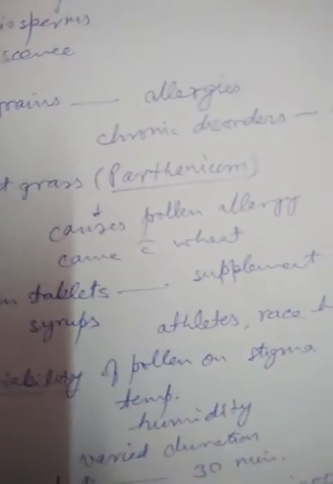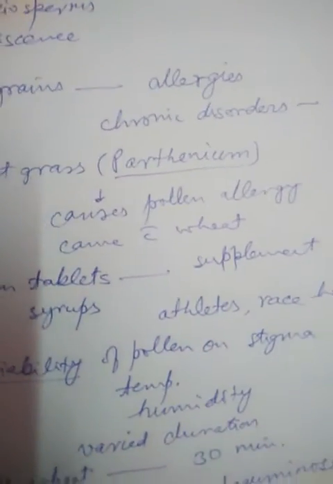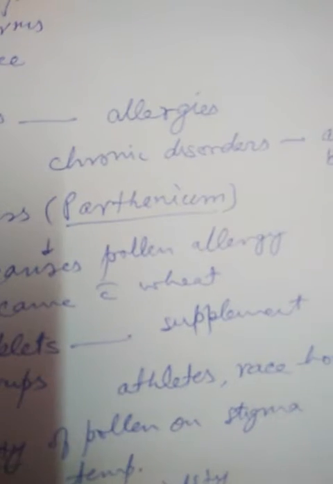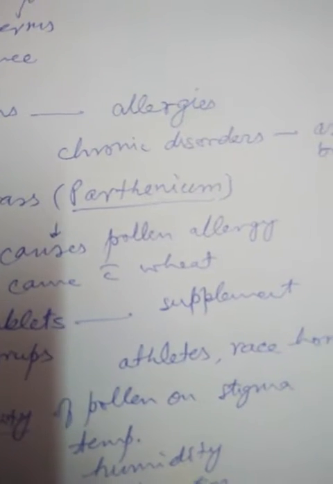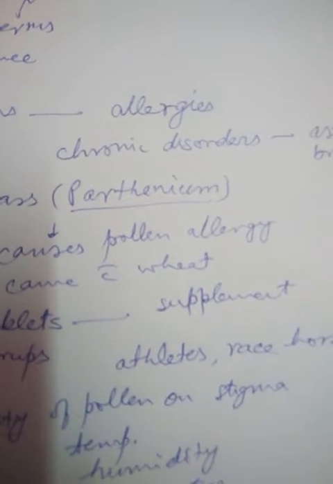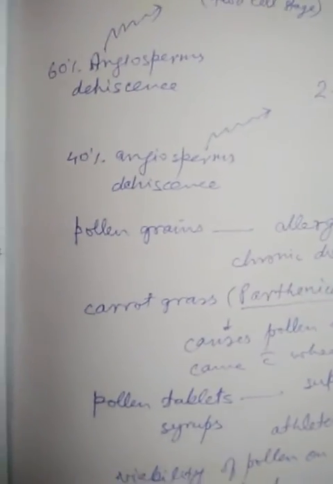Now these pollen grains which have a diverse kind of architecture on their exine layer, they are very light, and they enter through air currents into our airways, into our lungs, and into our respiratory system, and by that process they can cause many diseases including allergies.